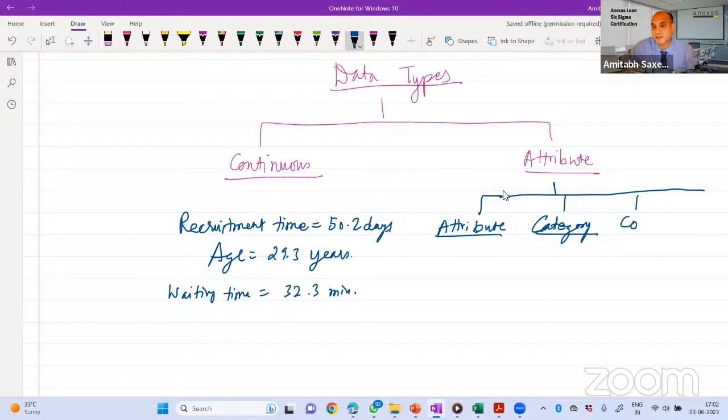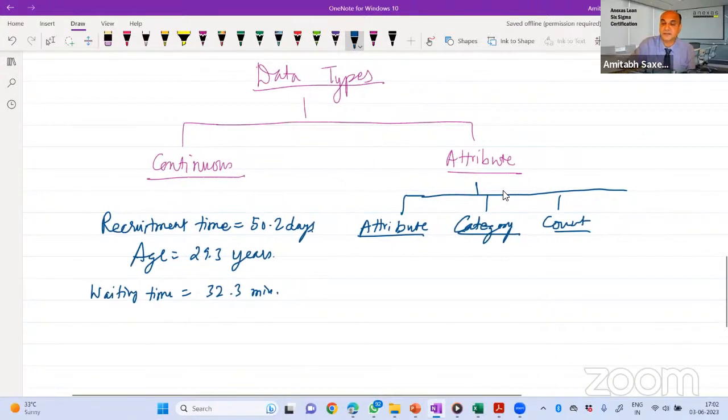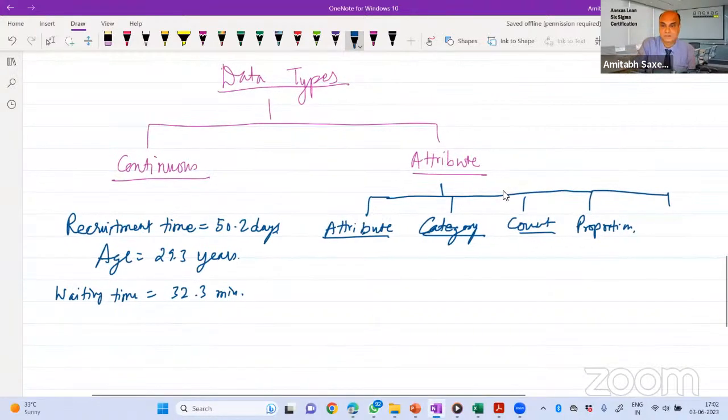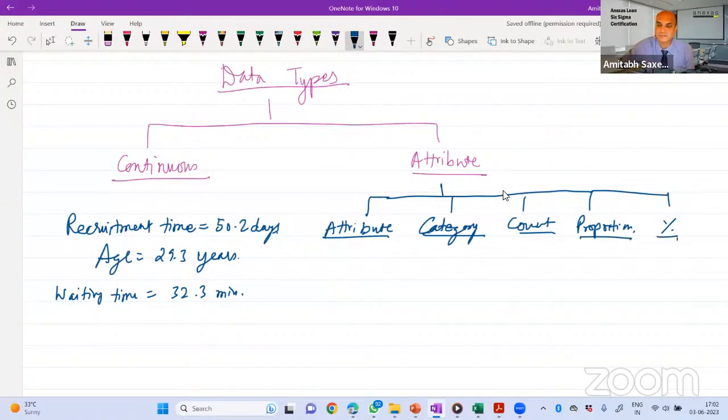And this you can apply to any measure. So attribute, category, count, proportion, and then percentage.